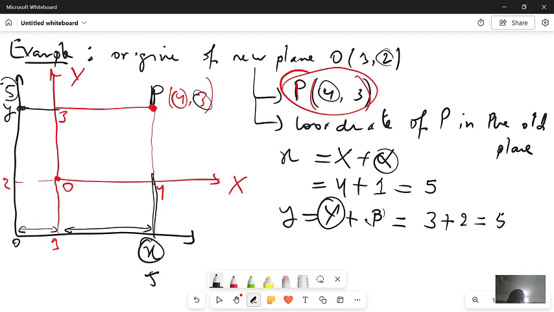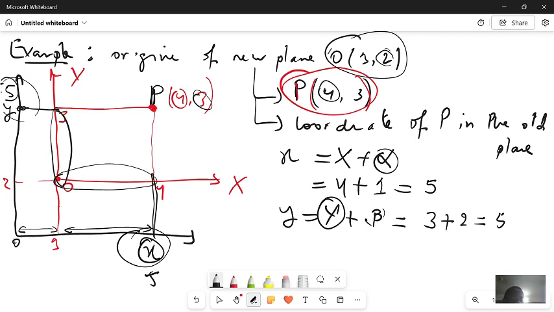Same thing, it can give you the coordinate in the old plane if you have the coordinate of the origin and the coordinate in the new plane, and the reverse lets us determine the coordinate in the new plane. That means if I need capital X, I just take small x minus alpha, and if I need capital Y, I just take small y minus beta.